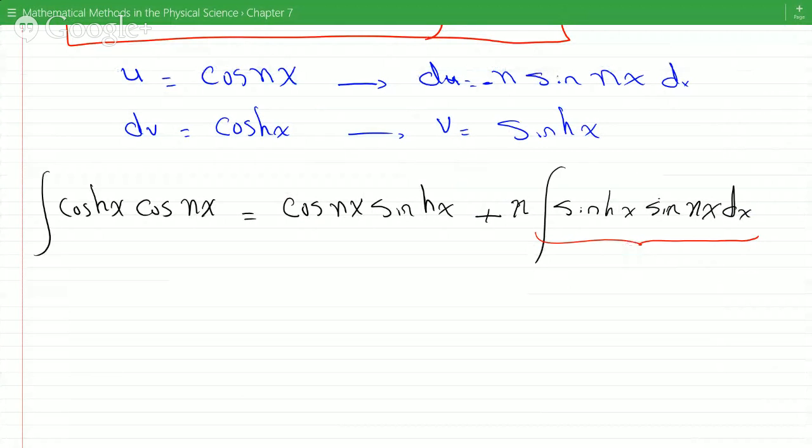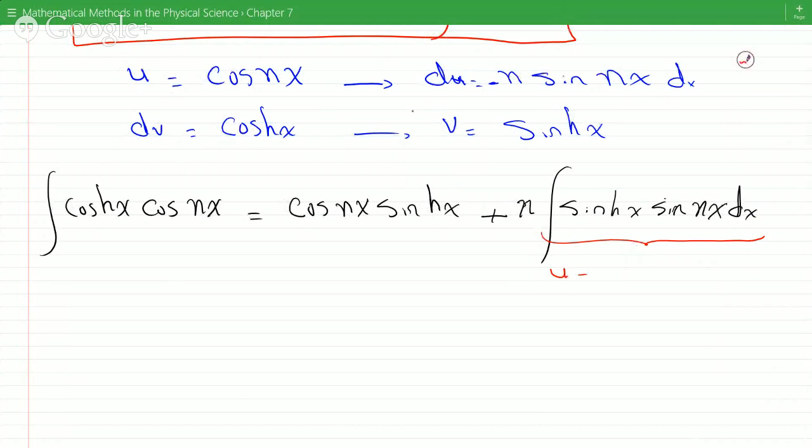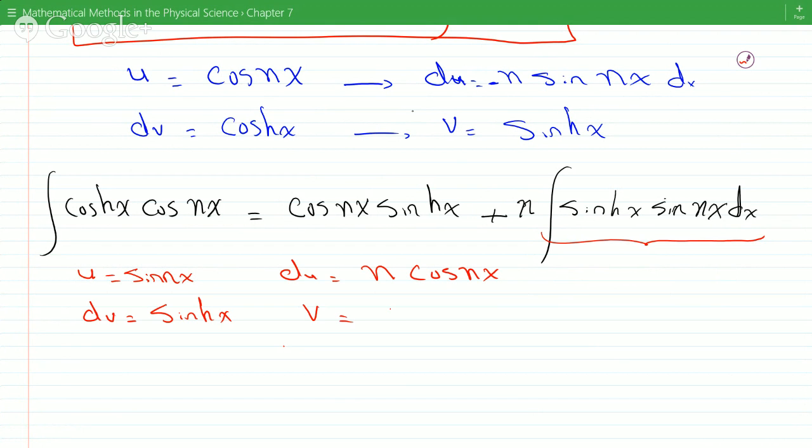So u is sine nx, which would make du n cosine nx, chain rule, and then dv is just sine hyperbolic x, which would make v cosine hyperbolic x. There's a dx here, and there's a dx here.